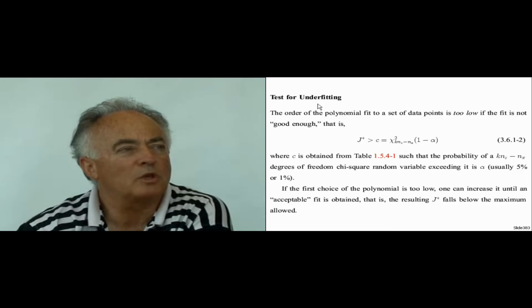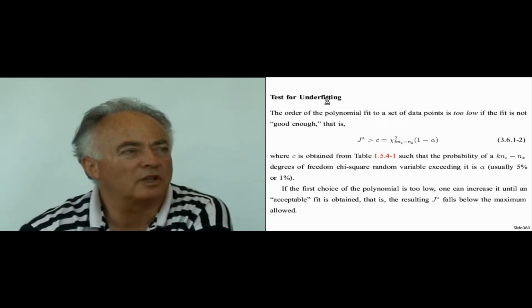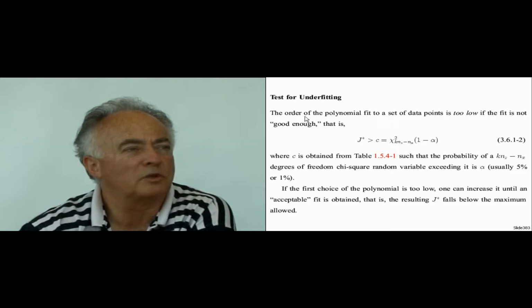Now, the way we do the test for underfitting is as follows. The order of the polynomial fit to a set of data points is too low if the fit is not good enough.